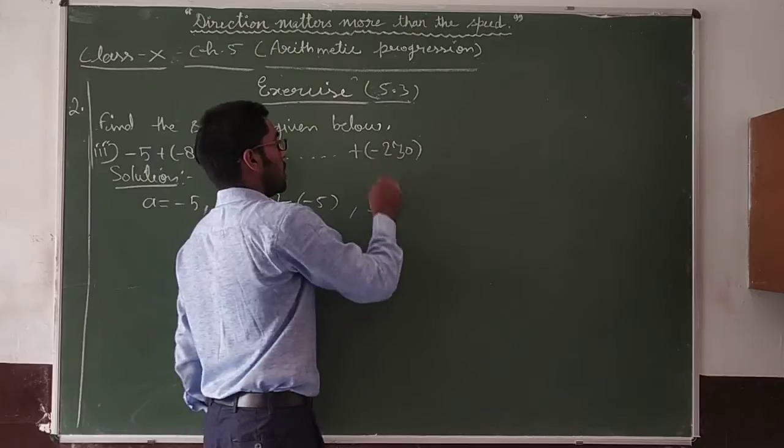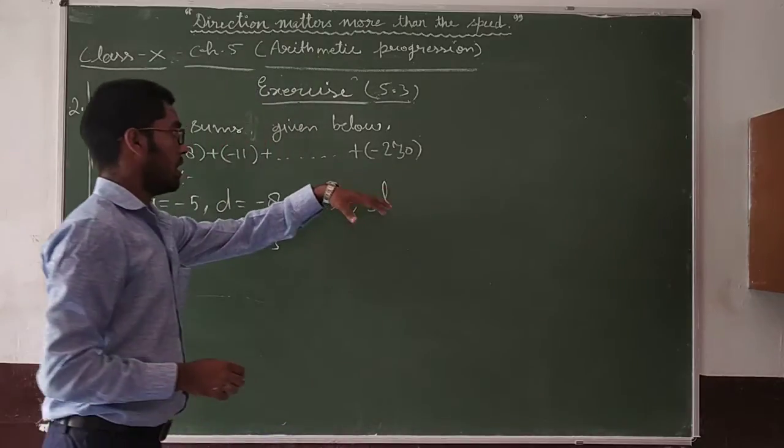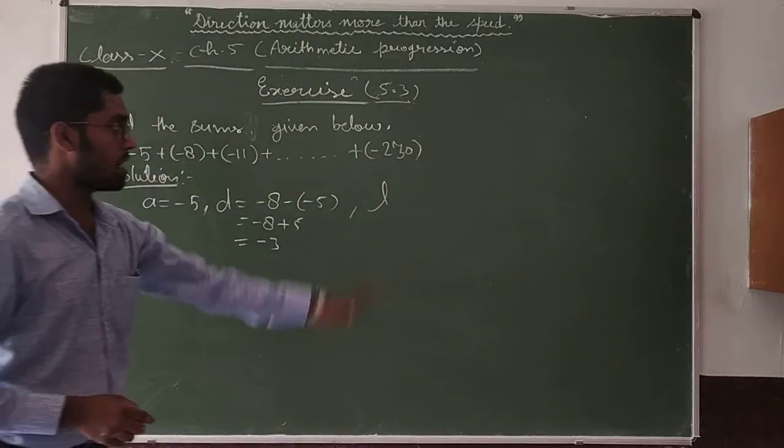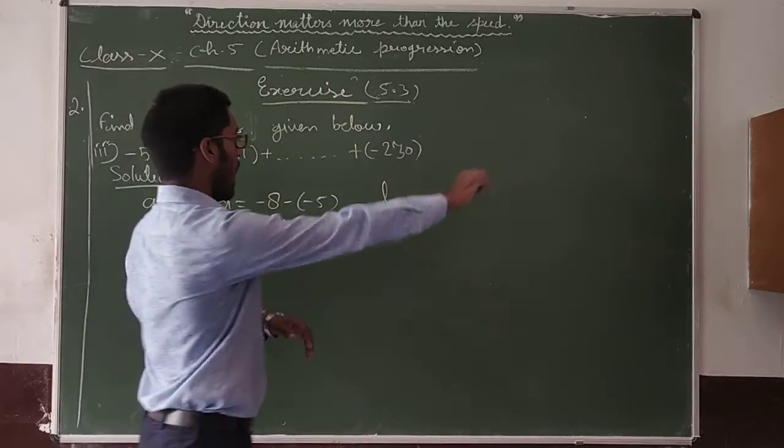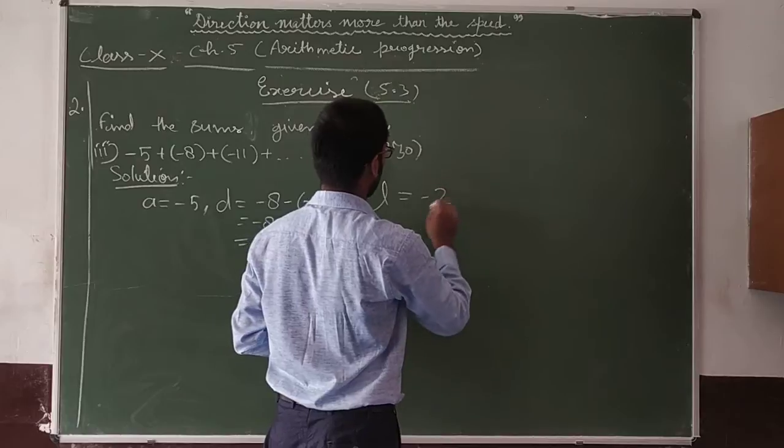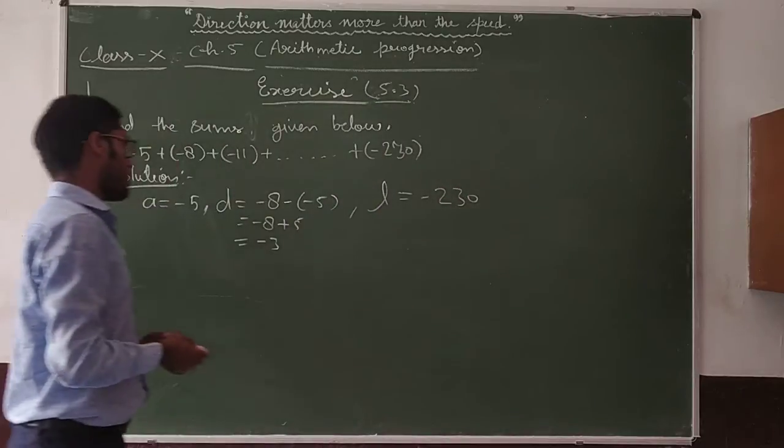The term minus 230 is written last and after that there are no terms. It means this is the last term, that is l, equal to minus 230.